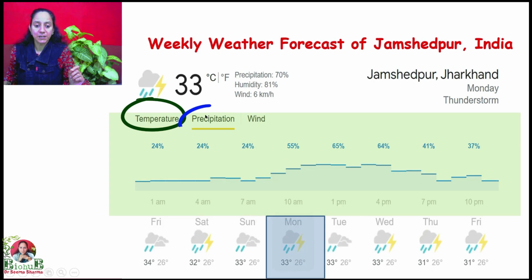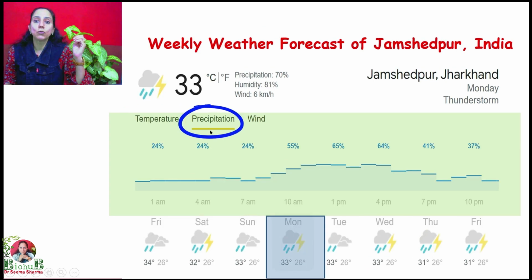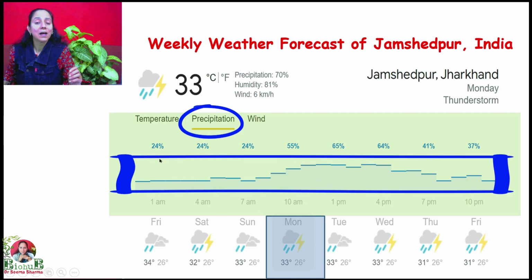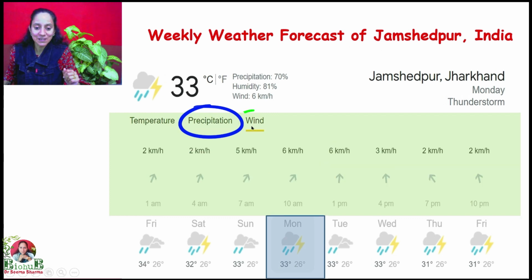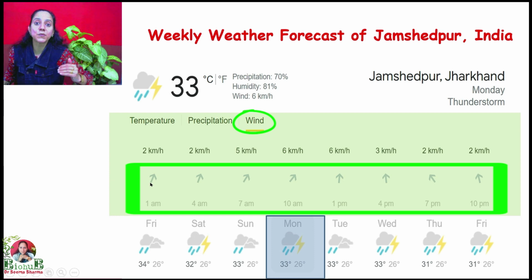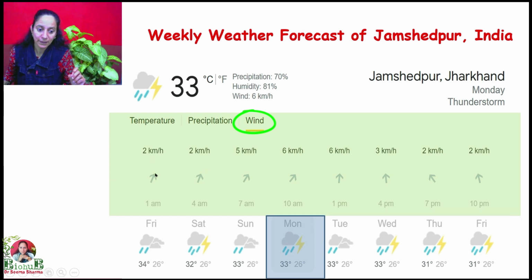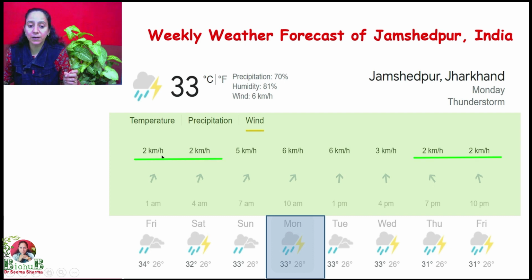Next is precipitation. Precipitation means amount of rainfall. So the entire day is a rainy day. The chance of rain may vary from 24% to 65%. Next is wind. The movement of winds will be from south to north and the speed of wind will be a minimum of 2 km per hour to a maximum of 6 km per hour.